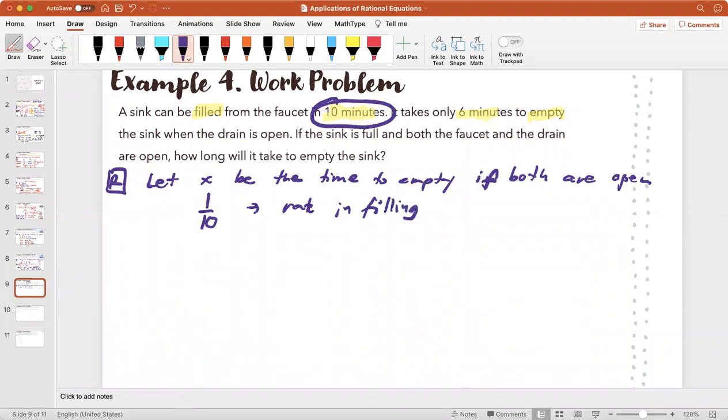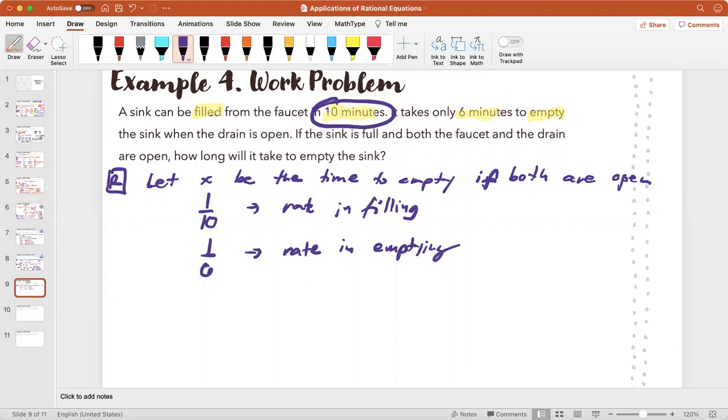How about the rate in emptying? It's 1 over 6. Where do we get the 6? It's here, 6 minutes. So let that be the rate in emptying.